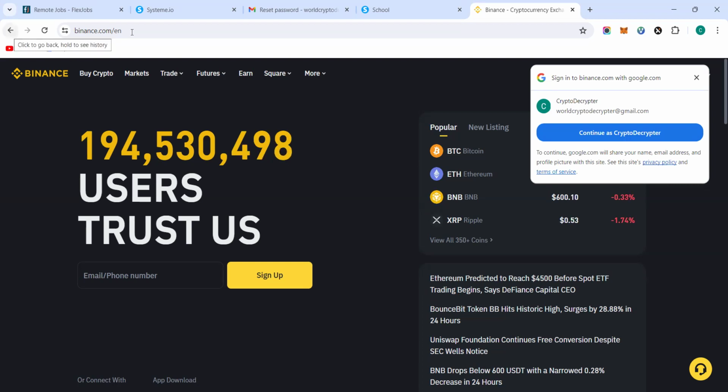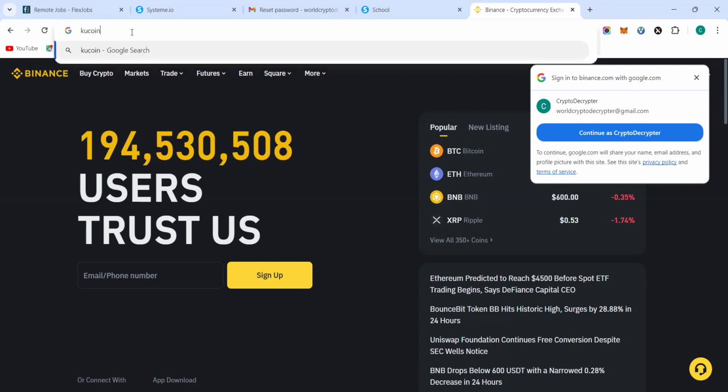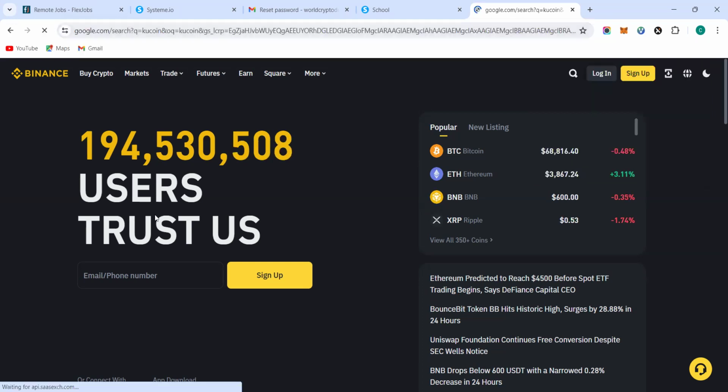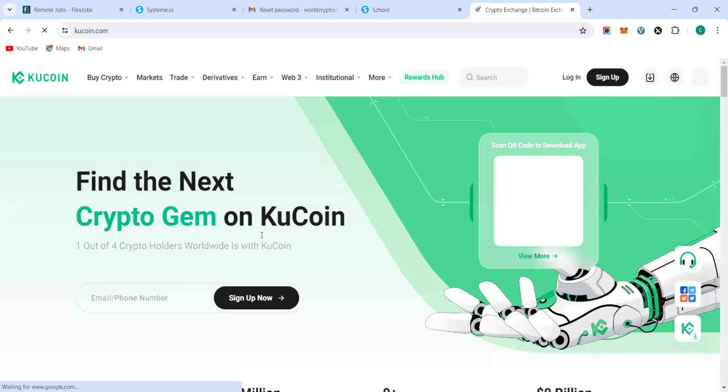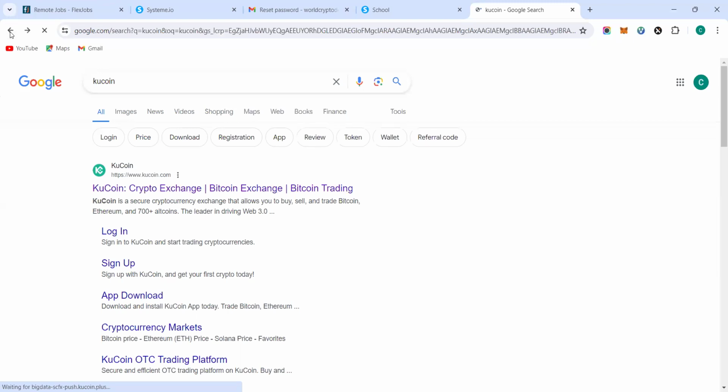We have KuCoin, we have OKX, we have MEXC, we've got Bybit. So there are a number of them out there. It's just that Binance is by far the biggest and the most trusted. So these are all platforms where you can buy your crypto.